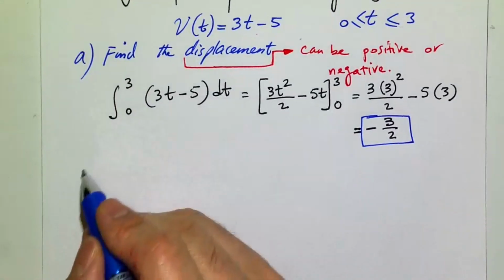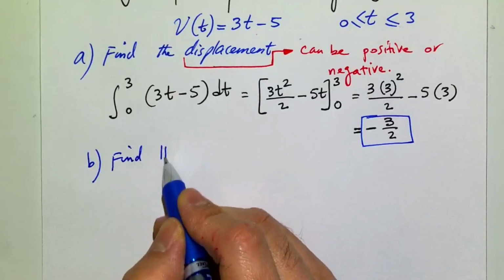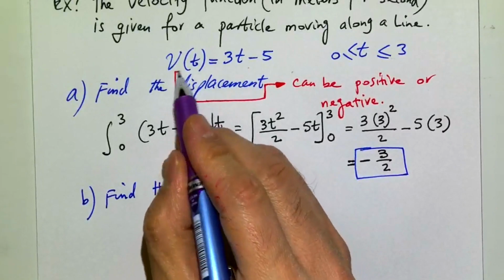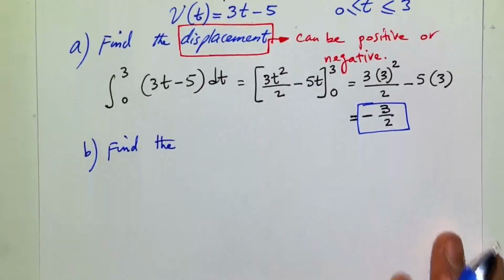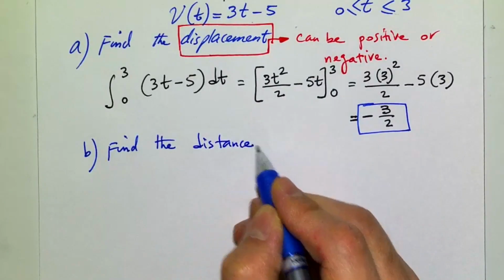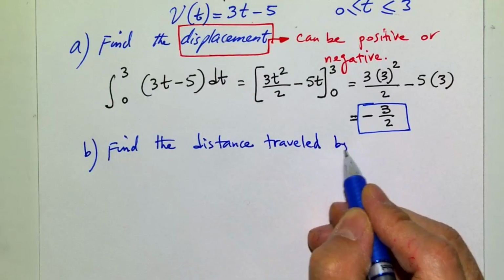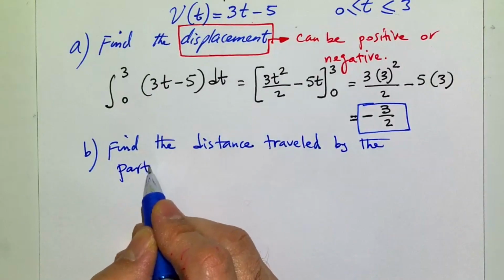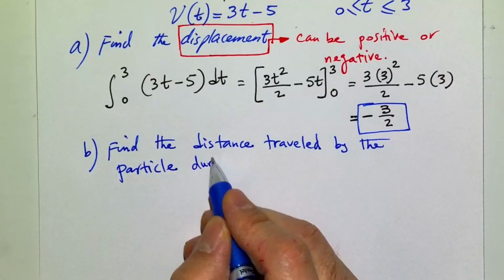Okay, so part B, it says find the distance. So this is find the distance by the particle during the time interval.